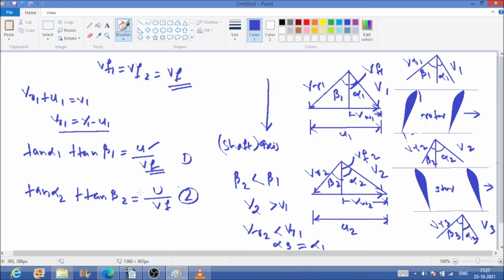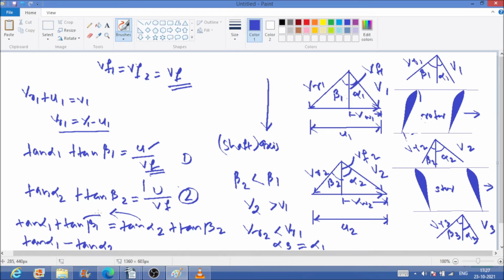Now I can write tan alpha 1 plus tan beta 1 is equal to tan alpha 2 plus tan beta 2, or I can write tan alpha 1 minus tan alpha 2, taking this to the right hand side, is equal to tan beta 2 minus tan beta 1. So this is a very important relationship.